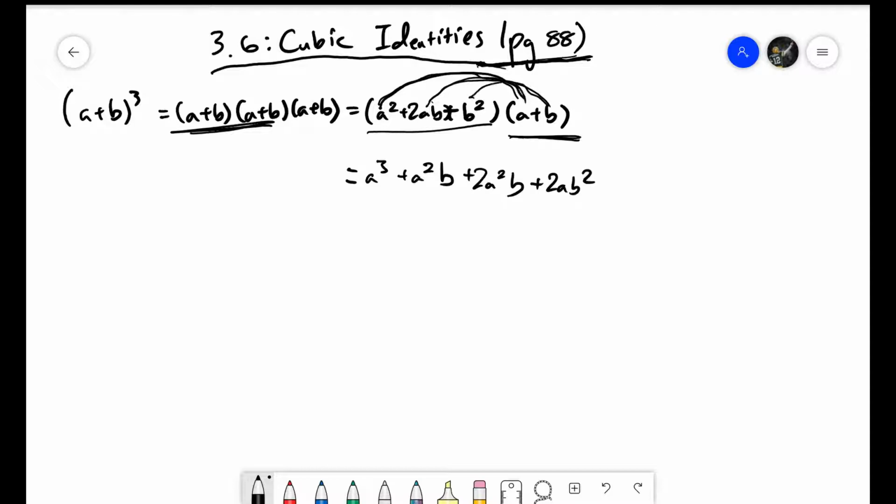B squared times a is ab squared. And b squared times b is b cubed. So then you can combine these two terms and combine these two terms, and you get a cubed plus 3a squared b plus 3ab squared plus b cubed.